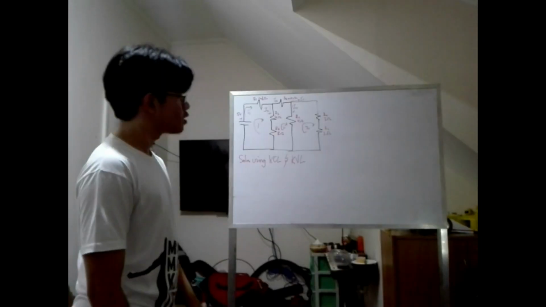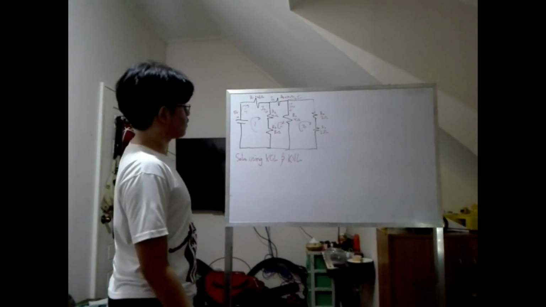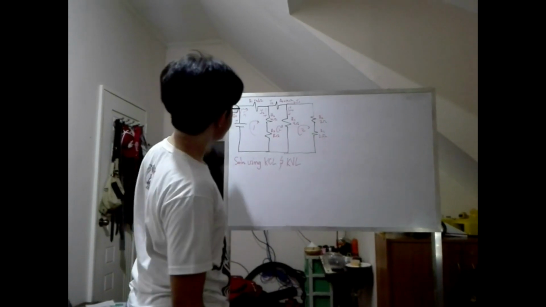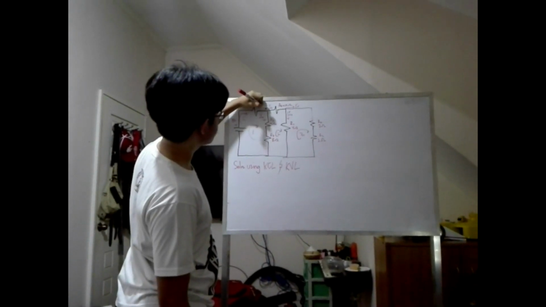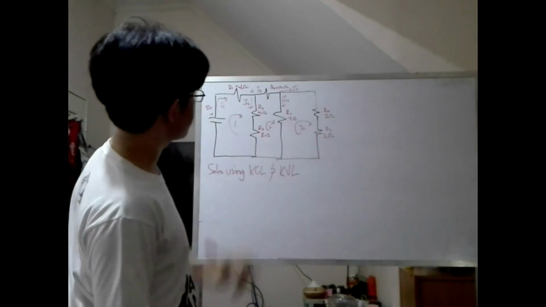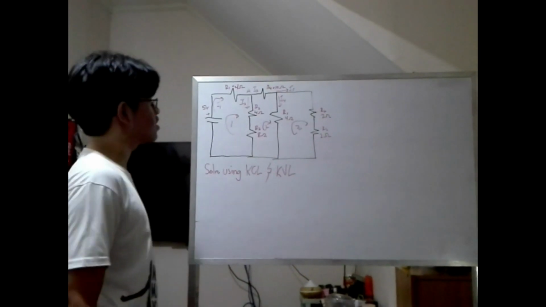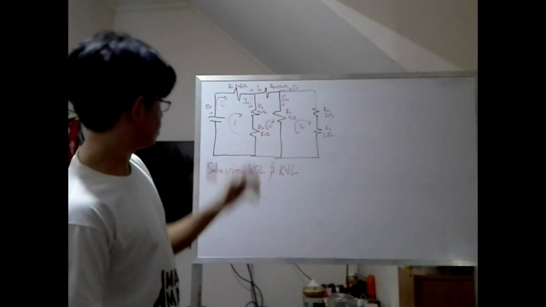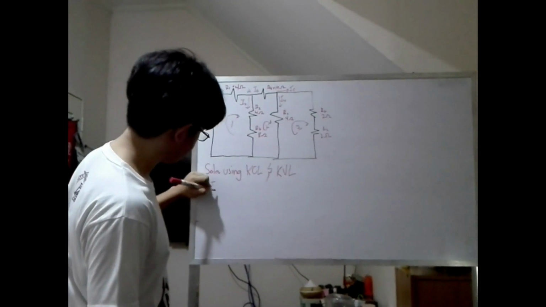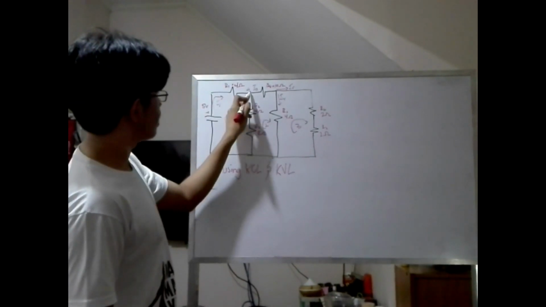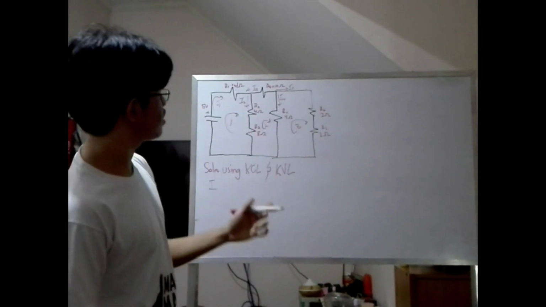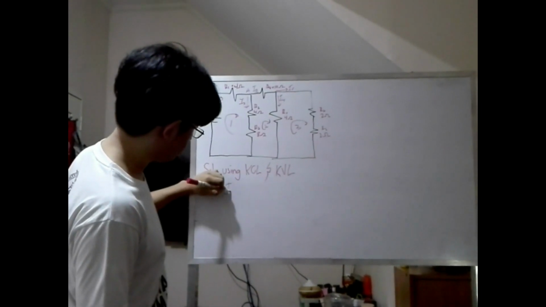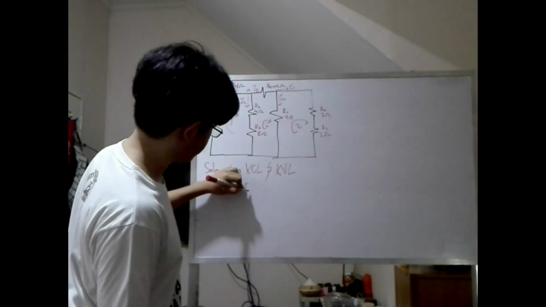Pause. So we need to come up with equations that will satisfy KCL and KVL. We are going to take the summation of the current at junction A, which is I1. I1 is entering, and it should equal the currents that are exiting, which are I2 and I3.